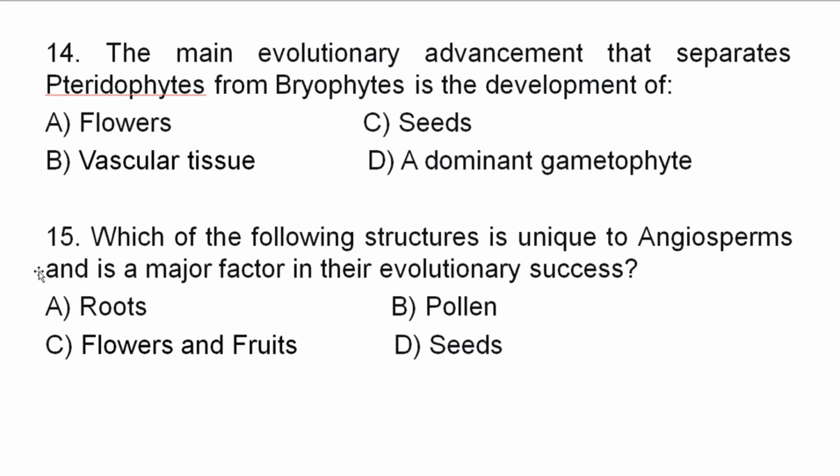Roots, Pteridophytes and Gymnosperms also have roots. Pollen, Gymnosperms also have pollen. Seeds, Gymnosperms also have seeds, naked seeds. So flowers and fruits are unique to Angiosperms. The answer for question number 15 is C.